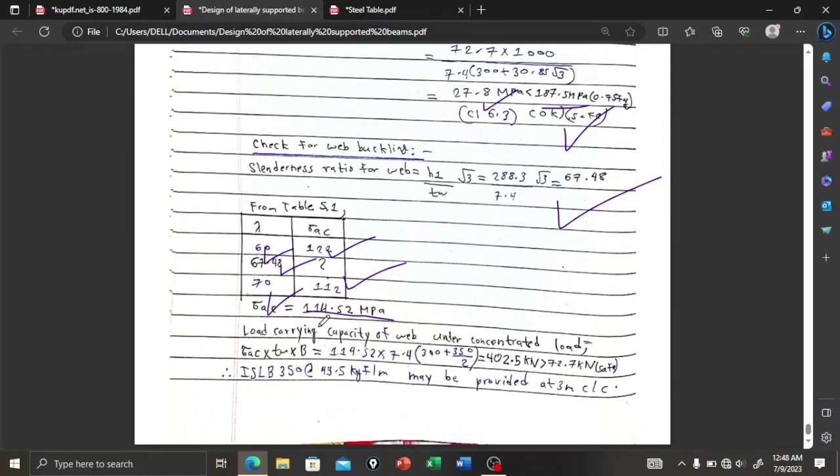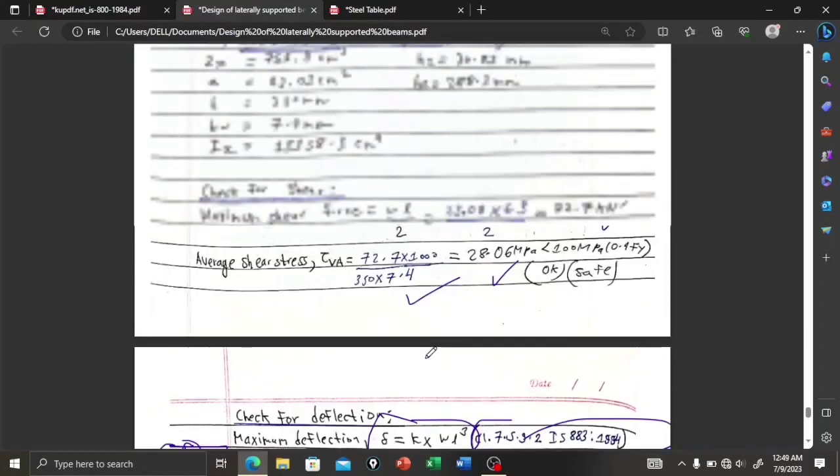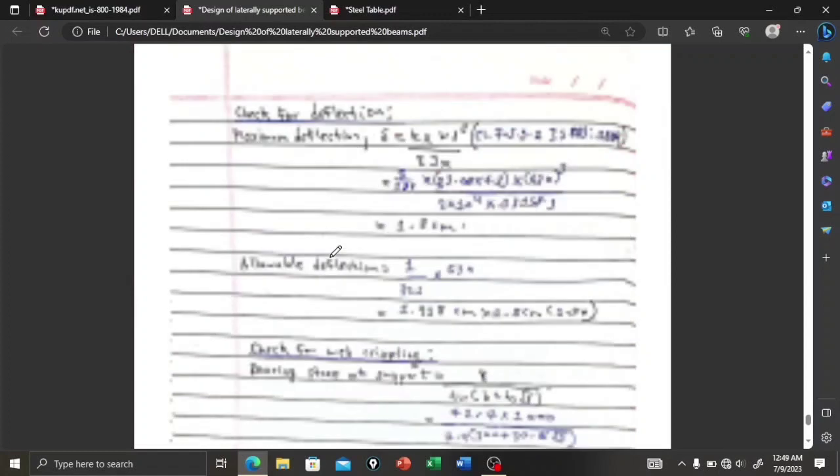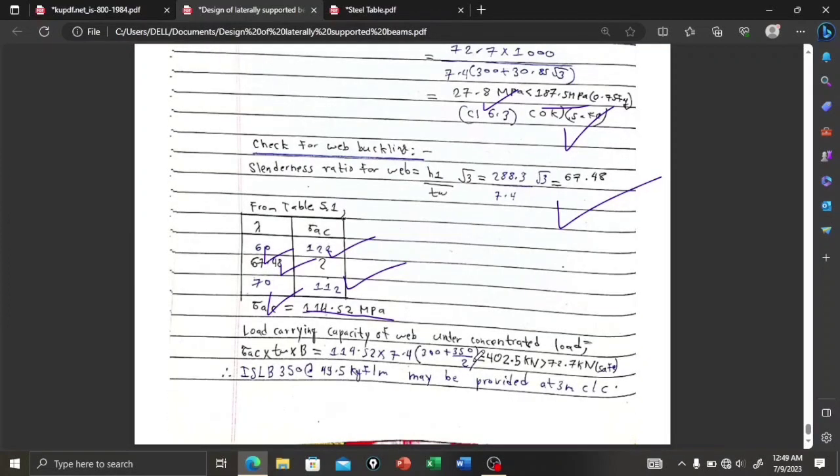Load carrying capacity of a web under concentrated load is 114.52 into TW, which is 7.4, and B is the center to center distance, 300 plus this yards, 350 divided by 2.